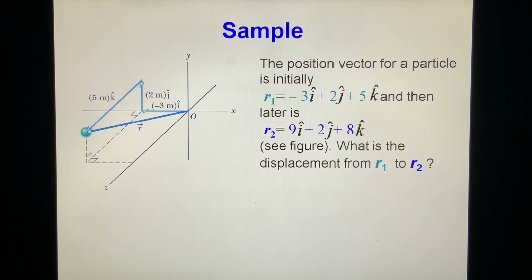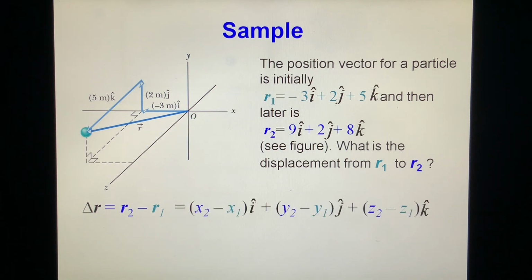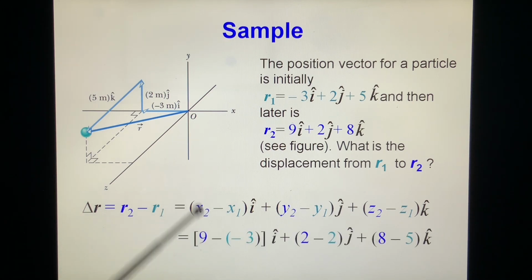What is the displacement from r1 to r2? By definition, displacement dr equals r2 minus r1, final minus initial. We put this inside, and we get the answer very easily.